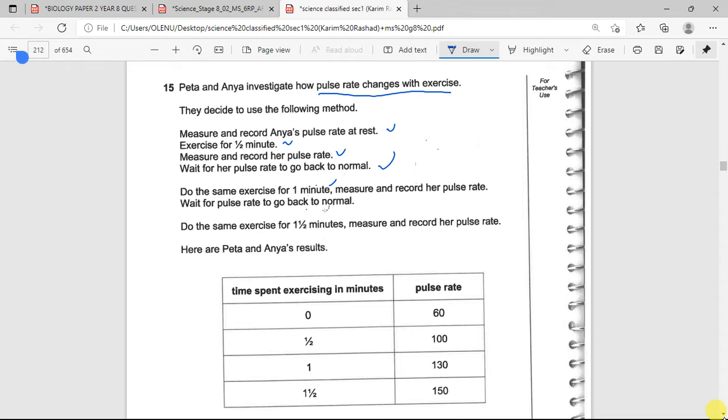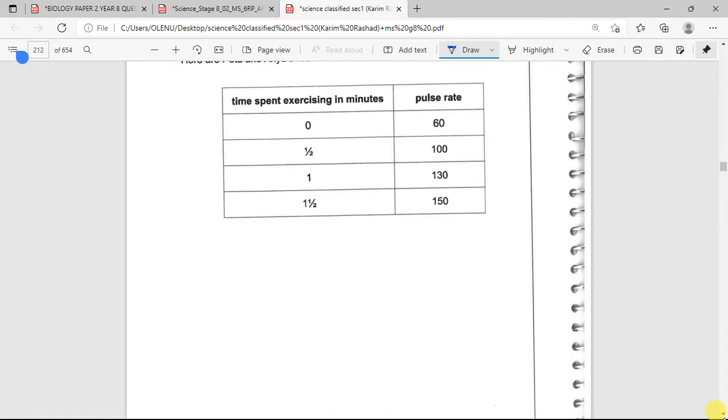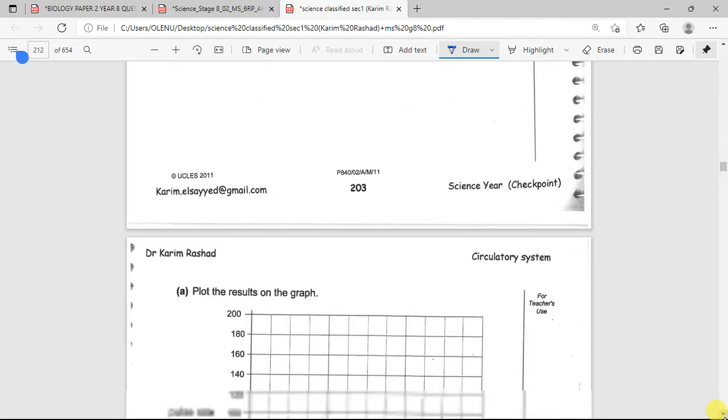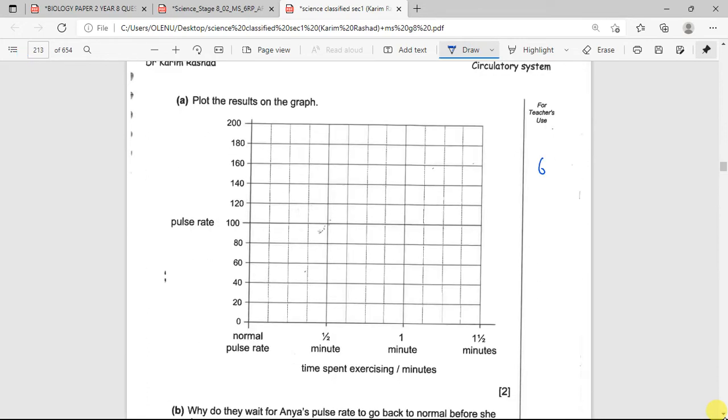Wait, then measure and record, and this was the result: 60, 100, 130, and 150. Here, they want us to plot a graph of this result. So at normal pulse rate, it was 60.